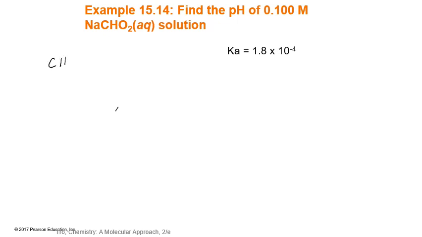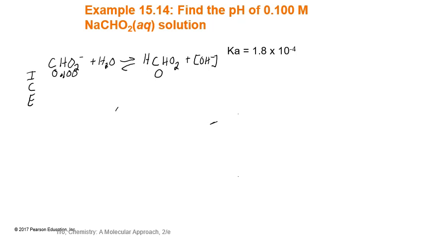So we're going to start with our formate, and again, water doesn't take part in our equilibrium calculations, but we're going to add it just to make our reaction balanced. We get formic acid and our hydroxide. So we write our ice table. We know the concentration of the formate is 0.1 molar.